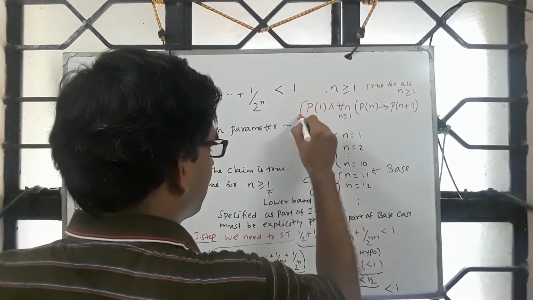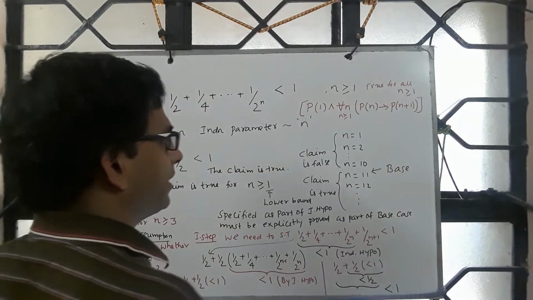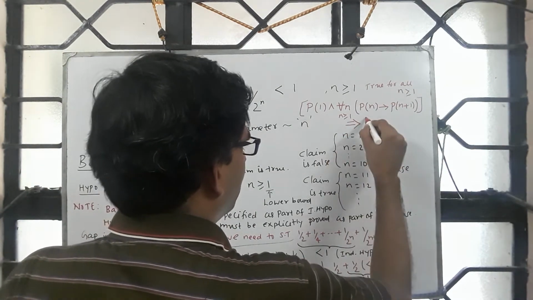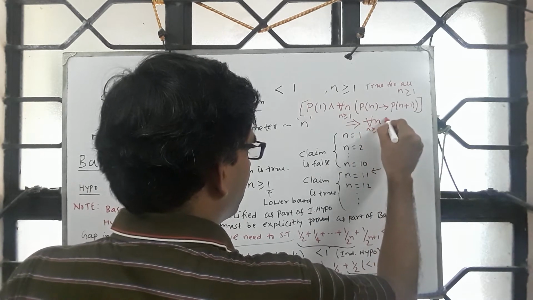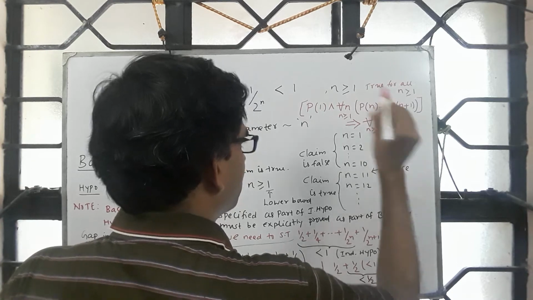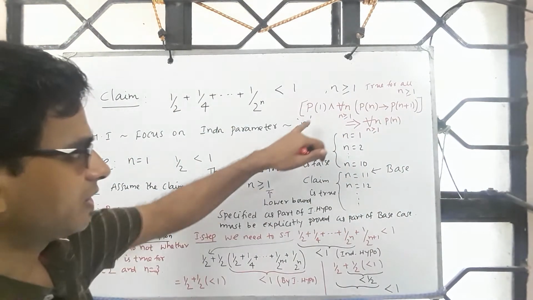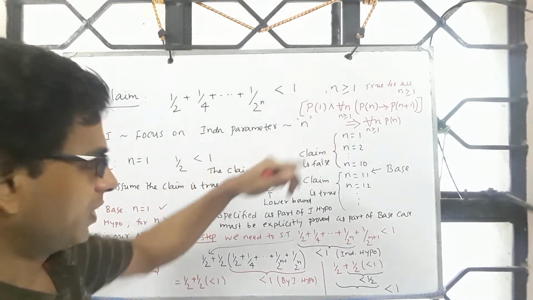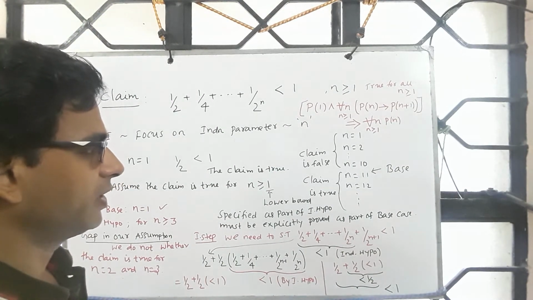After doing the base case, assuming the inductive hypothesis, and completing the induction step, we conclude therefore the claim is true for all n greater than or equal to 1. This is the first order logic notation or expression for mathematical induction, or the stages involved in the process of mathematical induction.